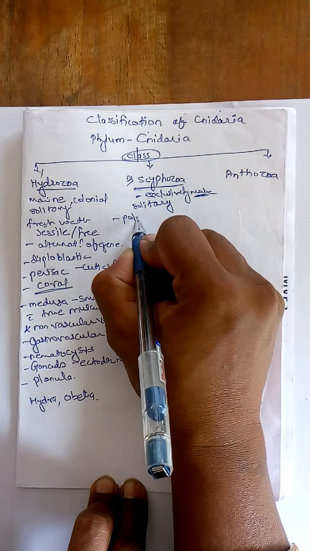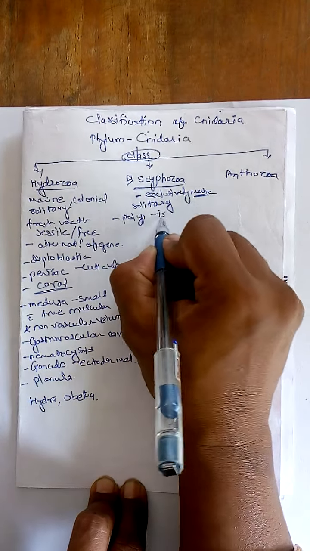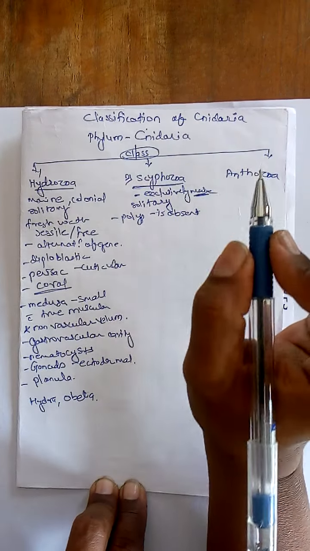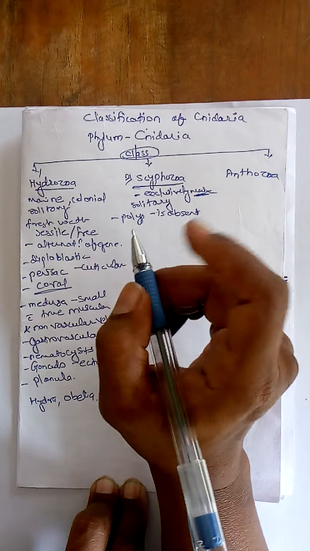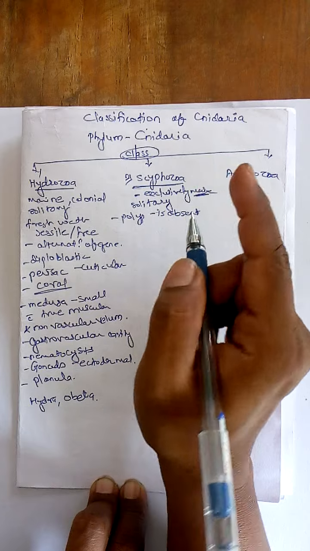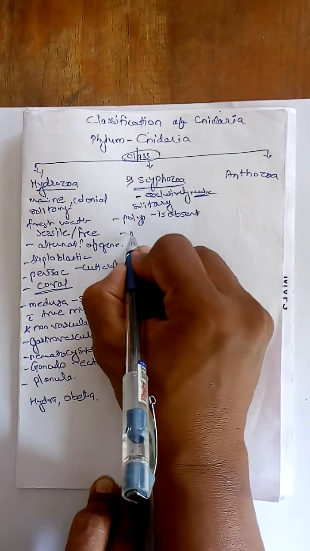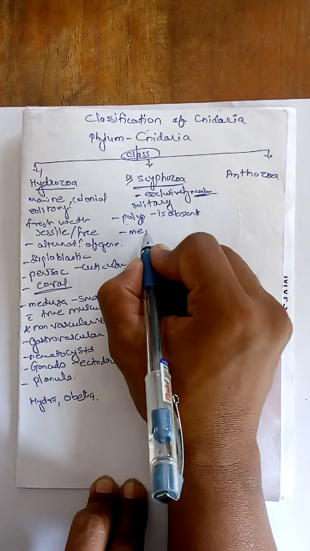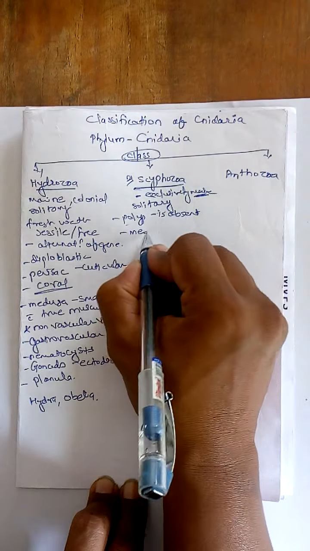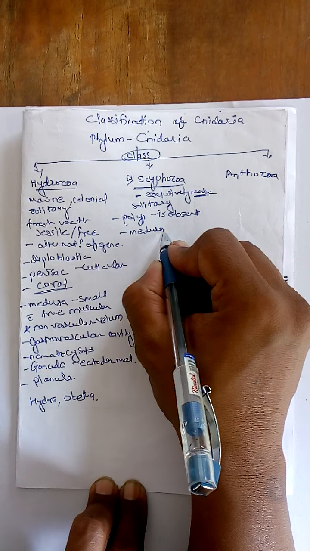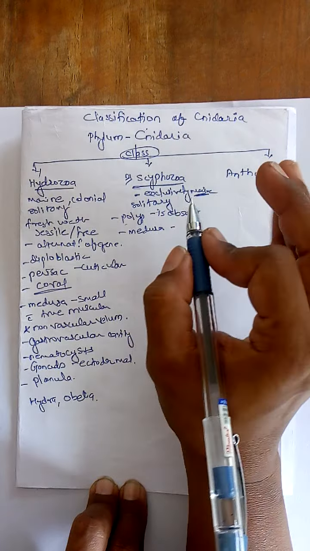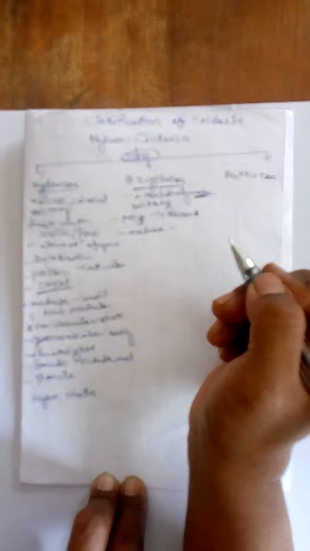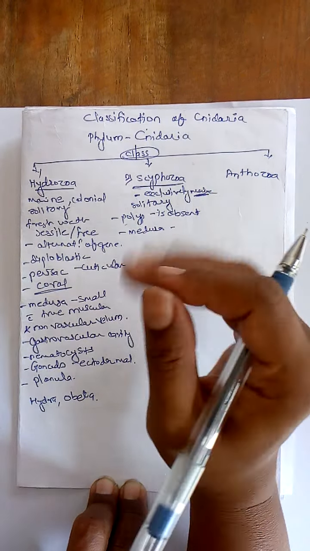The next character is that the polyp is either absent or present in a reduced form. The next one is the medusa phase, and that medusa has an umbrella shaped structure. They are free swimming or they remain attached by a stalk.